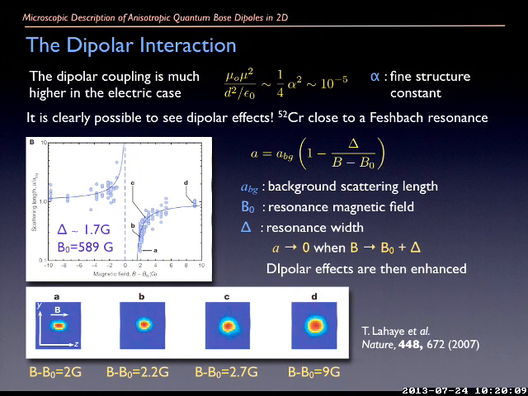You don't see the dipolar effects at all, so the system is essentially showing you a cloud which is isotropic, spherically symmetric. When you start approaching the region where B minus B0 equals Delta, then the system starts showing you that there is some anisotropy. When you are very close, you clearly see a cloud which is deformed due to the anisotropy effect.